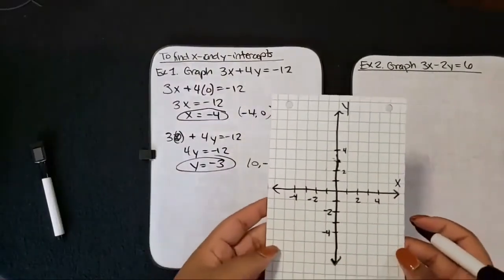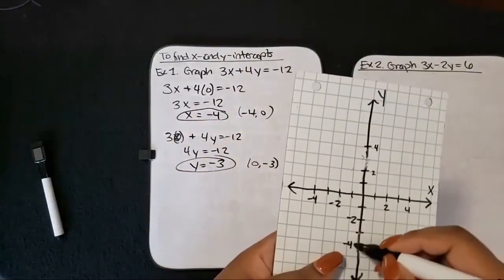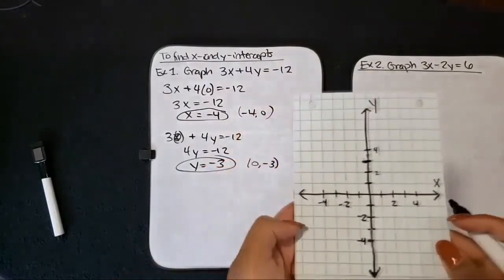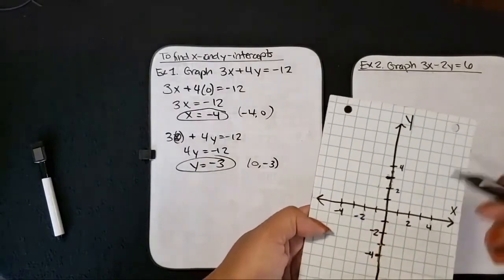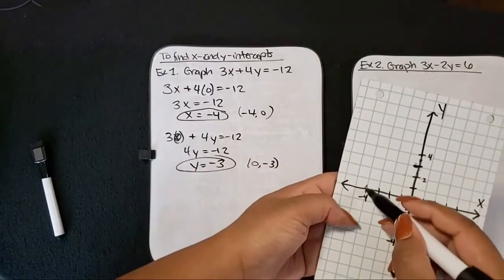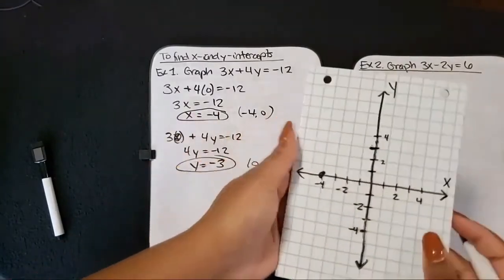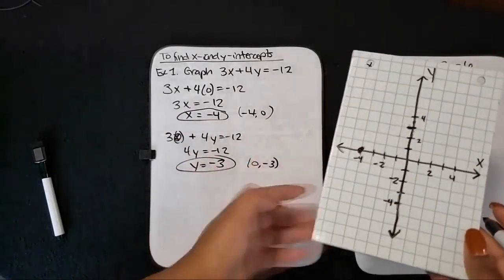To plot that, all I have to do is find those 2 points and connect them. So the first point, we got (-4, 0). So from our origin, we go to the left 4, and we don't go up or down because our y is 0. So it's -4 on the x-axis because it's the x-intercept. Then for the y-intercept, it's (0, -3).